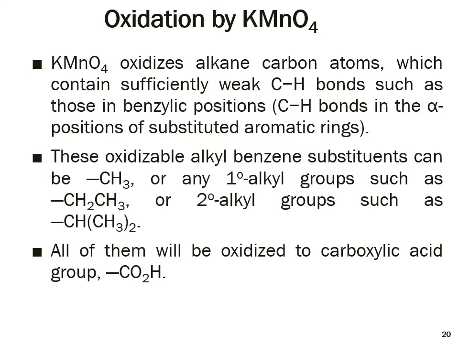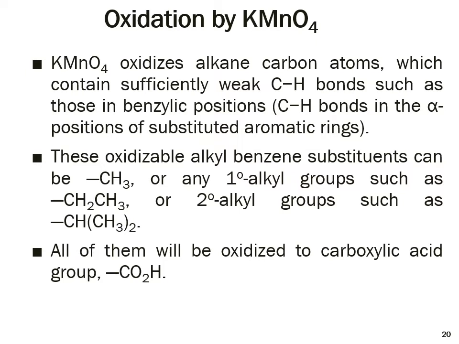For example, you can see the benzylic position. If the carbon is attached to a benzene ring, its bond with its hydrogen becomes weak, and then we can use KMnO4 to oxidize this bond, replacing that hydrogen by an oxygen atom.